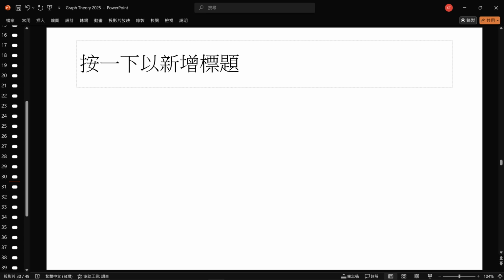Because all these vertices, their degrees will be decreased by 1, okay? So then we can get D1 minus 1, D2 minus 1, and D delta minus 1, okay? And also we have this degree 0 because we have removed all the edges incident to Vn, okay? So now the degree of Vn becomes 0.